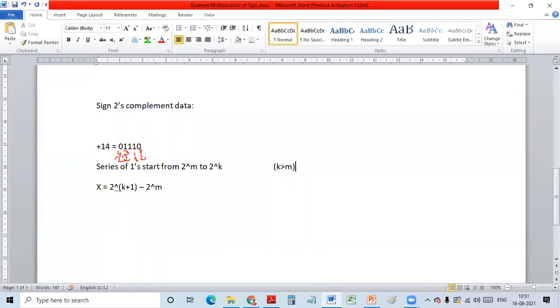In this situation, your number can be represented like this.